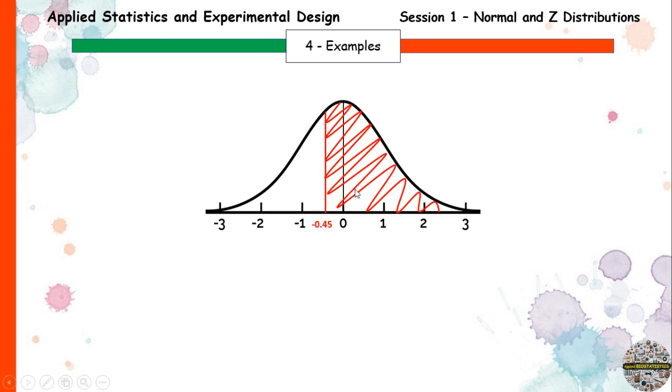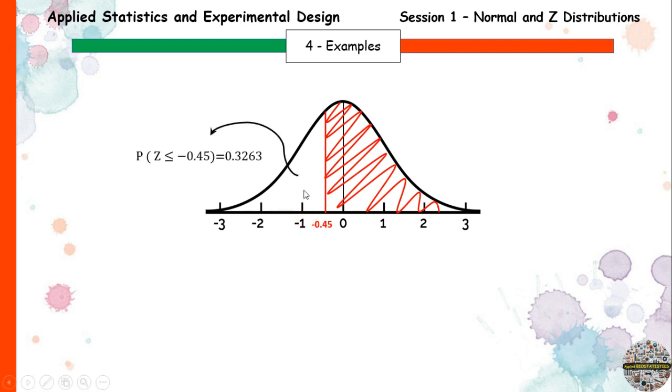Before that, I want to tell you that the area under the curve for normal and z distributions is 1. It means that if I measure the probability of this part and add it to the probability of this part, the result will be 1. It means 100% of probability.